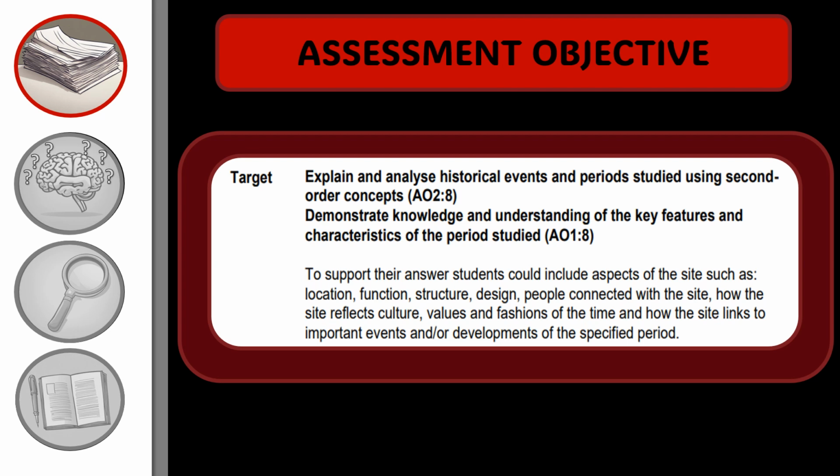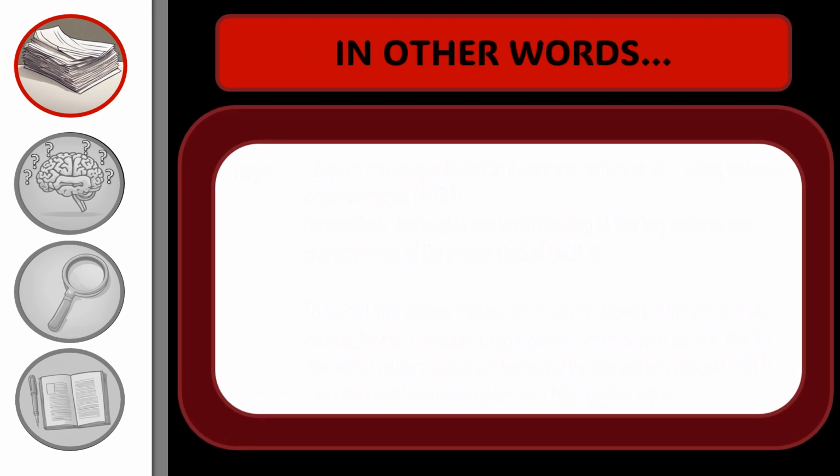So first of all, let's look at the assessment objective. You can pause this video and read this in detail. However, the essential thing you need to know is it's worth 16 marks and it is testing your understanding of key concepts and key features of your study of Wales. This is my, in other words, summary.